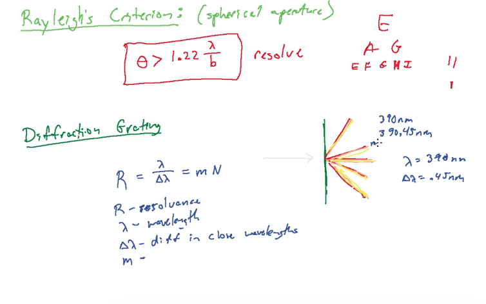Remember the M number that went with these, 1, 2, 3s and all that. So it's the diffraction order being observed, because they may not be resolved in the first order, but they may be resolved in the second order or something like that. And then last is N. This is the number of lines in the diffraction grating that are being illuminated.